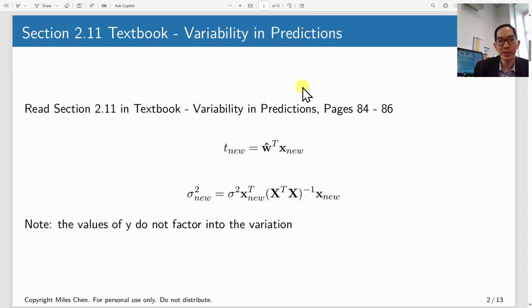And so this is coming from this section in our textbook. Basically our new prediction is going to be our estimated slope and intercept, or our model weights, okay? So again, just a linear model where we're just multiplying W times X. We plug in our new values of X.